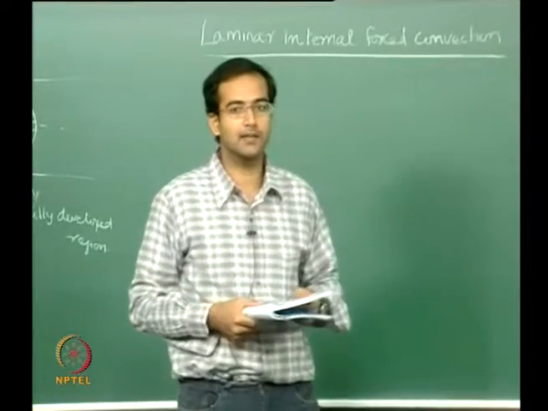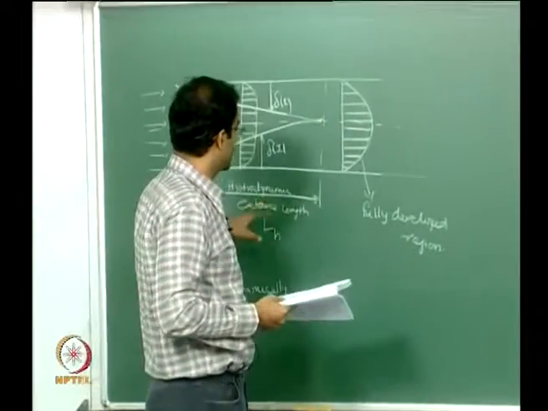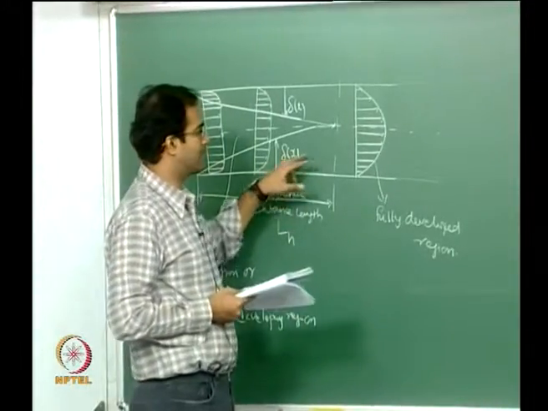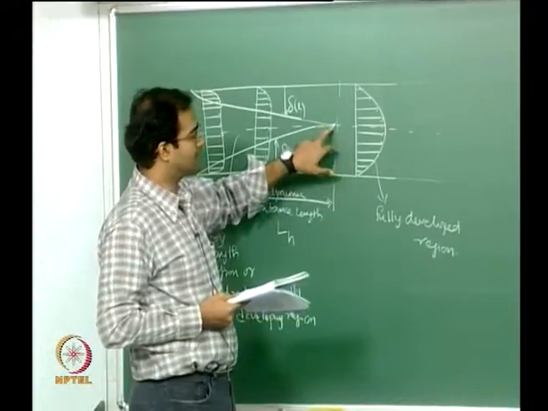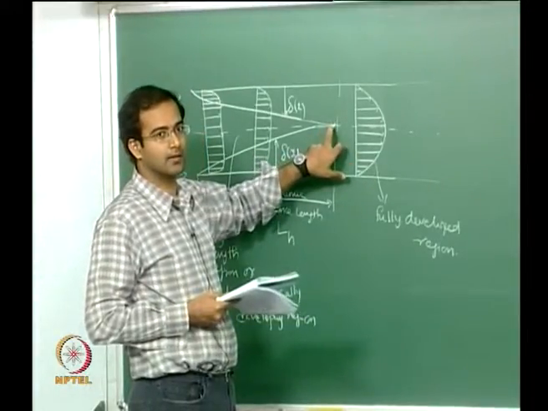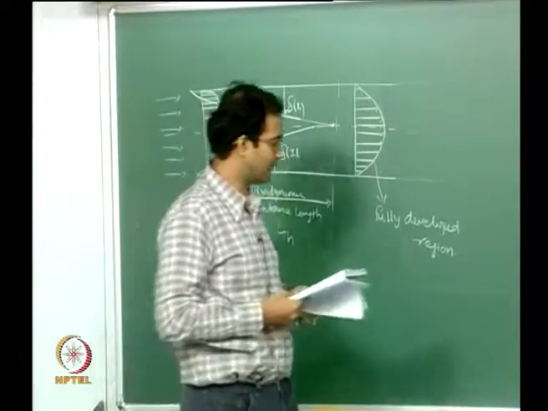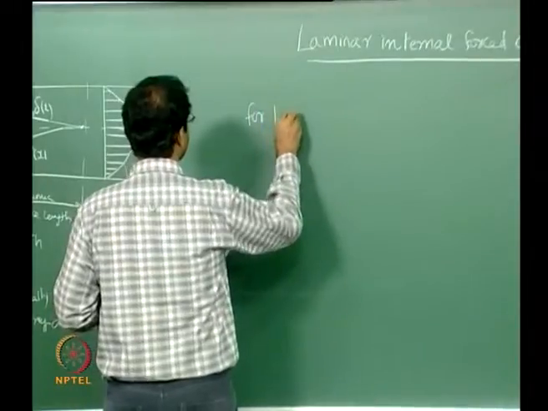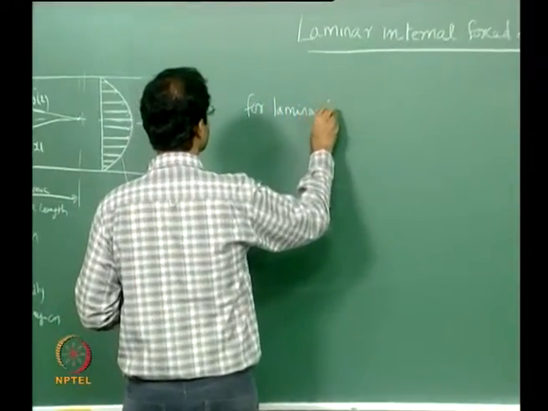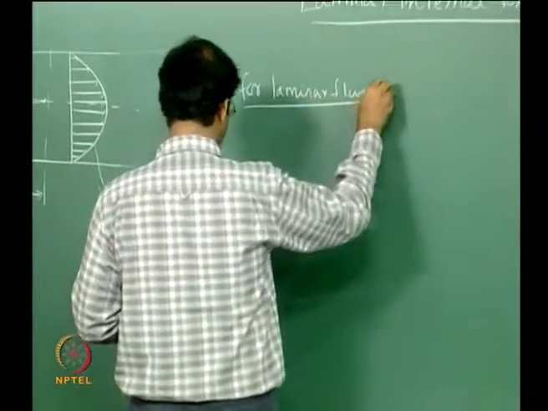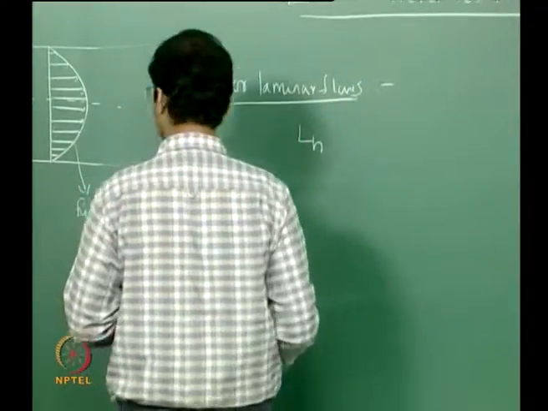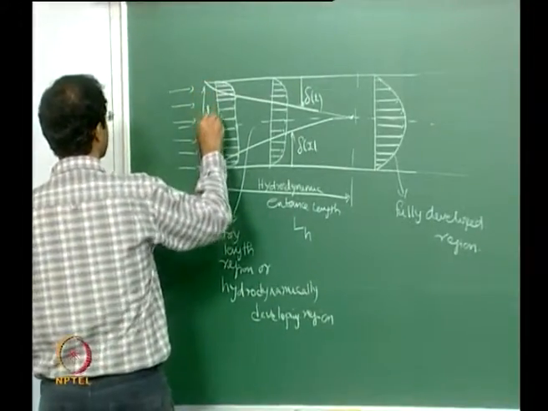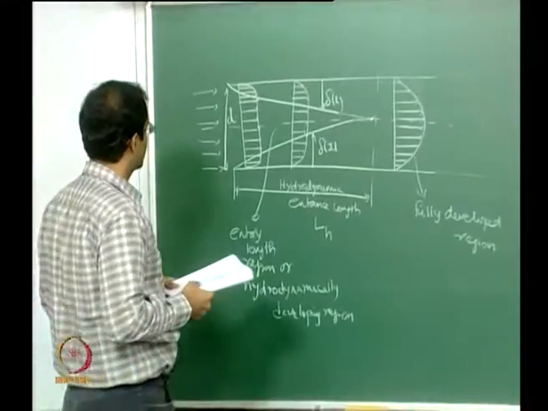There is no exact rigorous theory to determine the entrance length. Okay, strictly speaking, you have to solve the equation and understand where the velocity profile becomes parabolic and becomes invariant. Okay, so just to give an empirical thumb rule for laminar flows, the non-dimensional entry length, so this is non-dimensionalized by the diameter if you have a duct or if you have a channel.